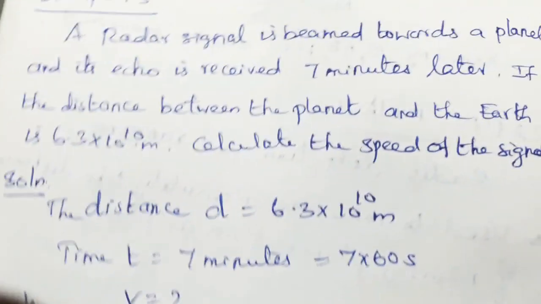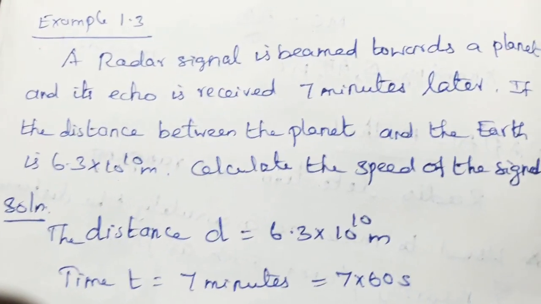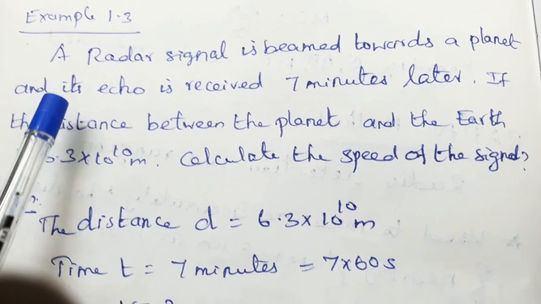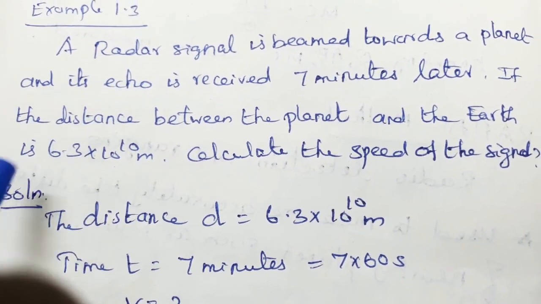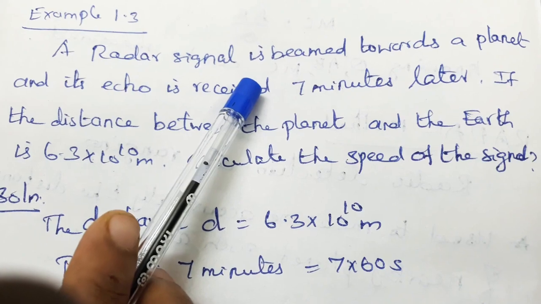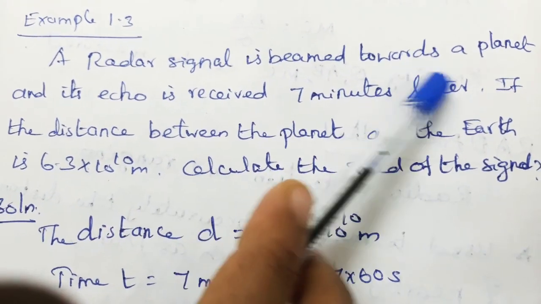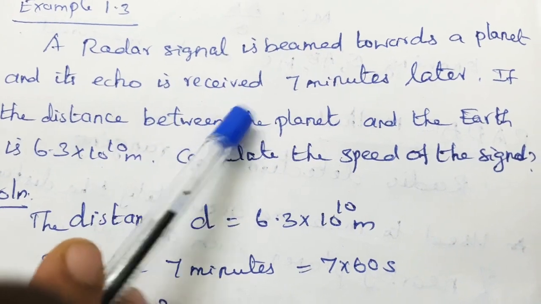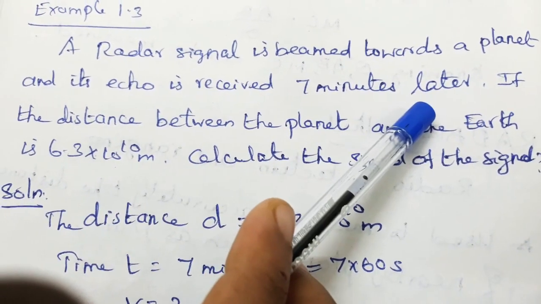Let us see the example related to the radar method. Example 1.3. A radar signal is beamed towards a planet and its echo is received 7 minutes later.